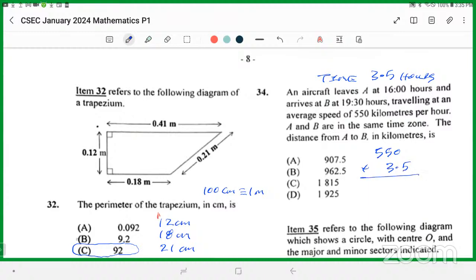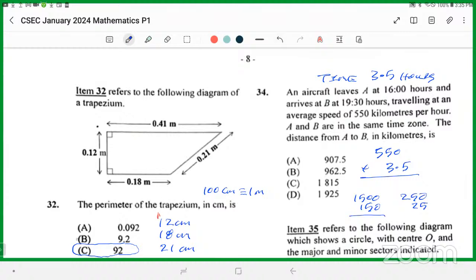I can work it out step by step. 3 times 500 is 1500 so far. And then 3 times the 50 is another 150. And then I've got to do half of the 550, which is half of the 500 first, which is 250, and then half of the 50 is 25.